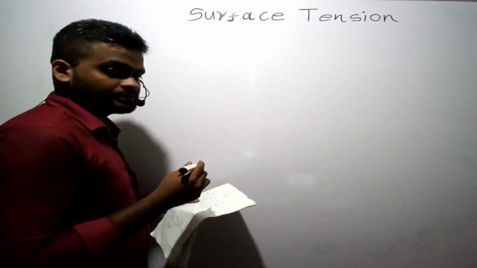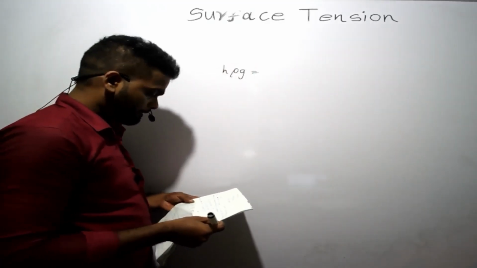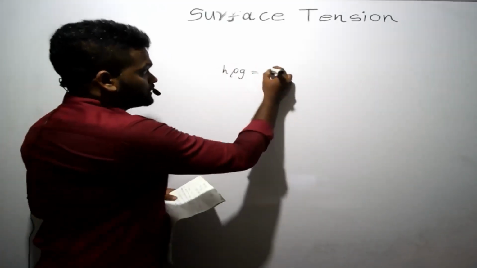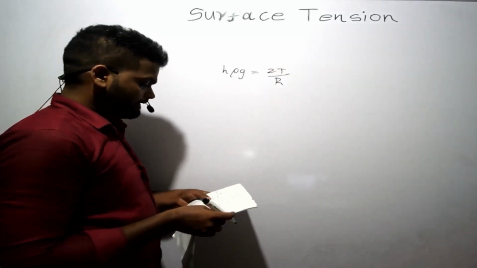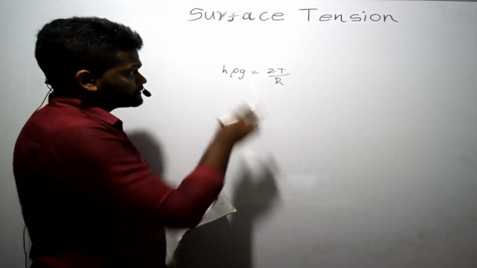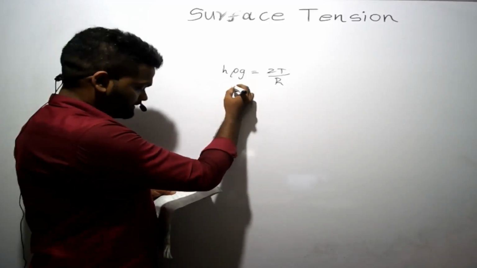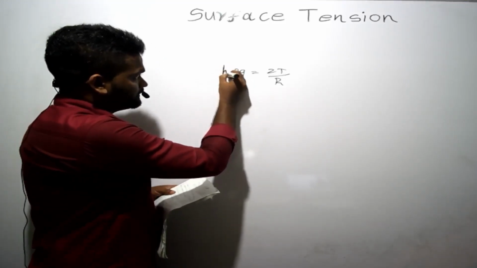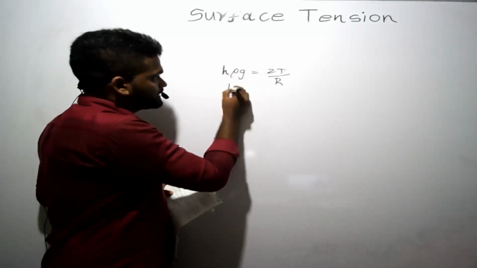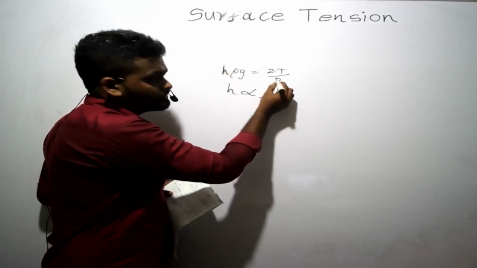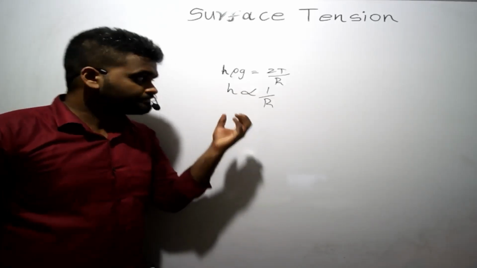So let's write the equation. h rho g equals 2T divided by r, right? So according to this equation, by force, this h and R have inverse proportionality, right? h and R. Here what happens?